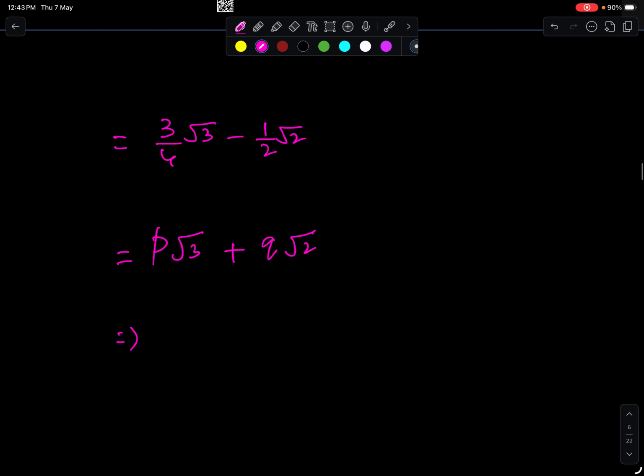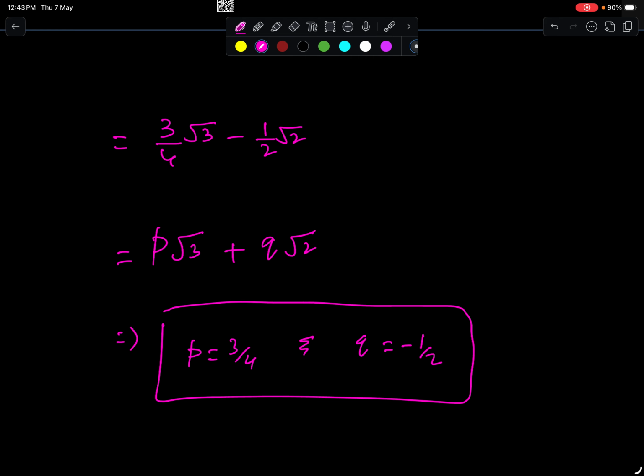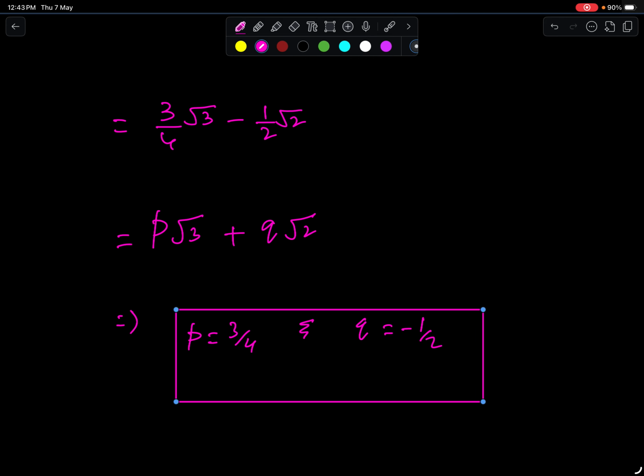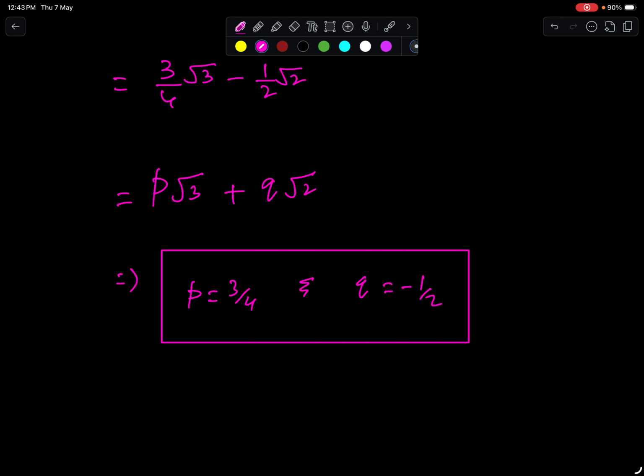So p is 3 upon 4 and q is minus half, and these are rational numbers, fractional forms.